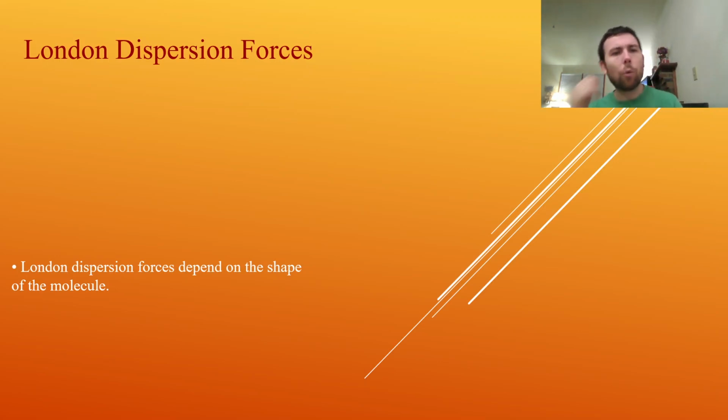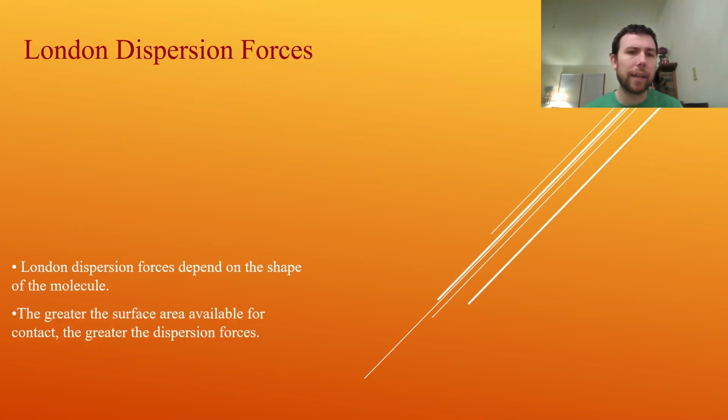Certain shapes tend to lead to increases in the London dispersion forces that molecules exert on each other. One thing we want to consider is that if we have a molecule that has a very large surface area, that means those molecules have more opportunities to come in contact with each other, which means they're going to experience greater dispersion forces overall.